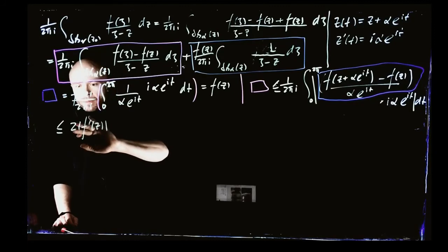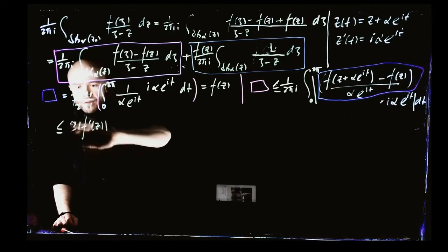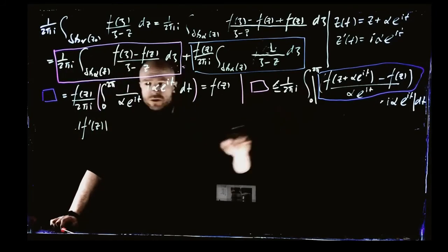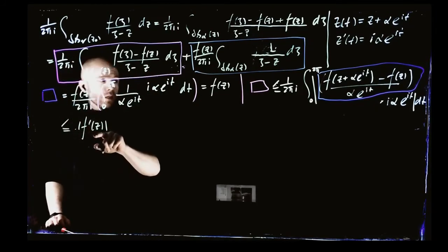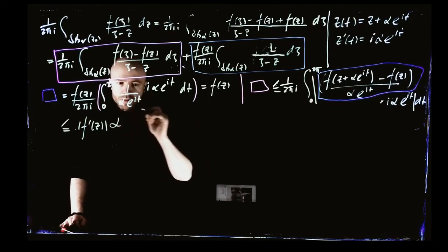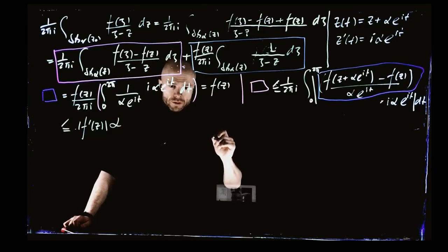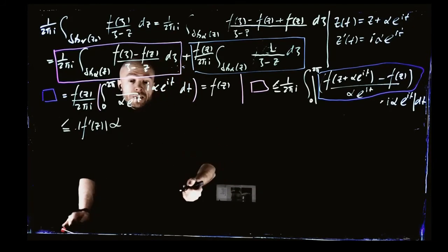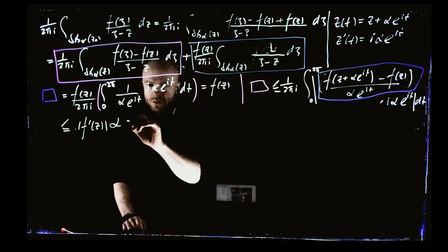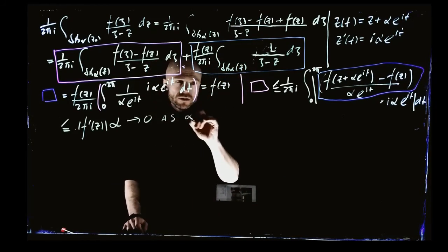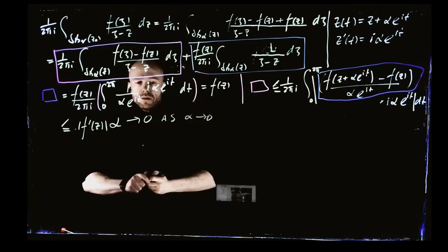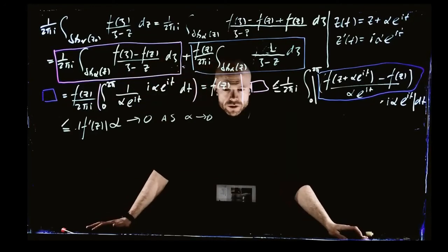Well, the 2 pi will cancel with the 2 pi. So this is going to be less than or equal to this thing times just alpha. So as alpha tends to 0, this entire expression tends to 0. So the red box will just tend down to 0 as alpha goes down to 0.